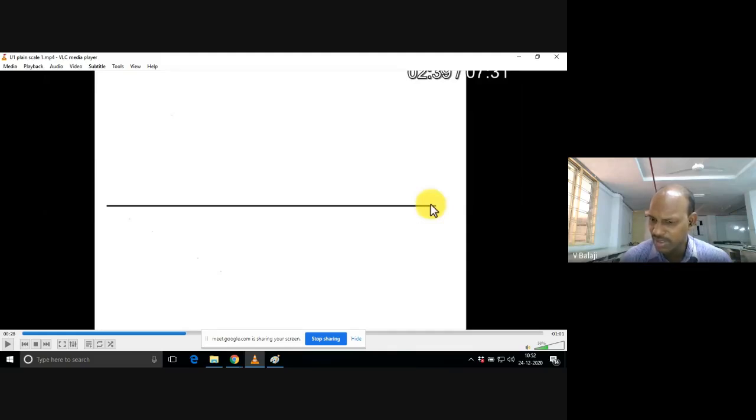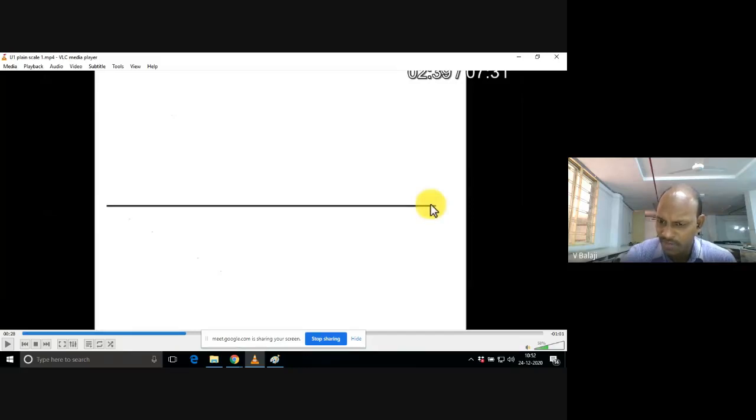Not like that. What I said is, this represents 5 decimeters. In your mind there are 5 decimeters. Whenever you see this line, you need to think it is the maximum length to be measured, which is capable of measuring 5 decimeters.